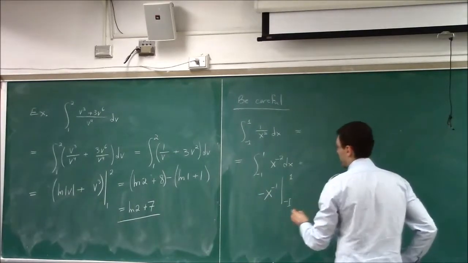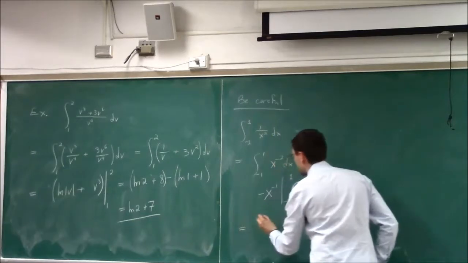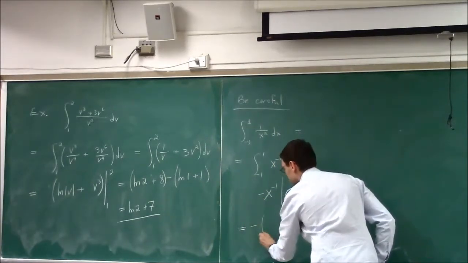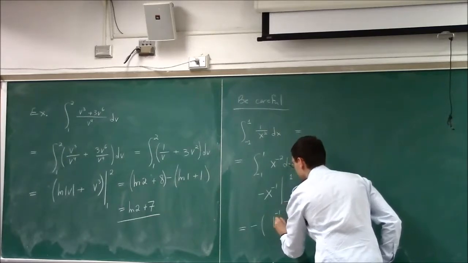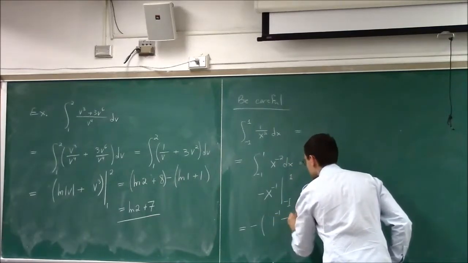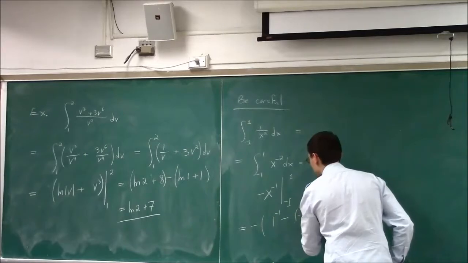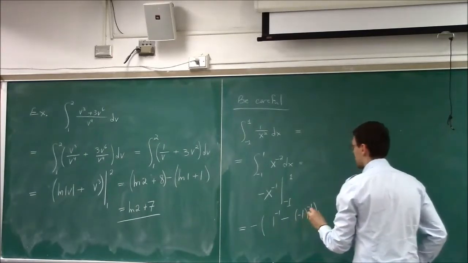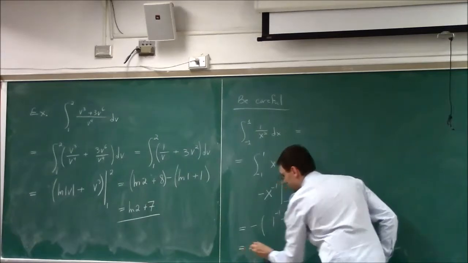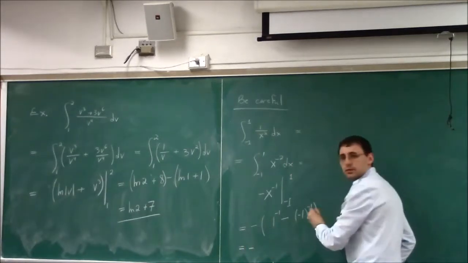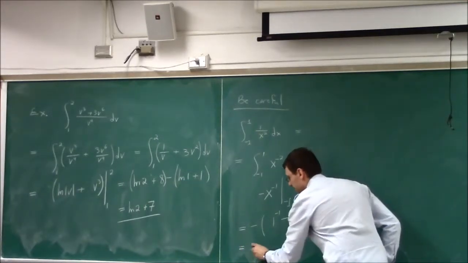So then, what do we get? I can factor the minus 1 outside. So what I have is 1 to the power of minus 1 minus minus 1 to the power of minus 1. And the result is minus 0, correct? So the result is 0.